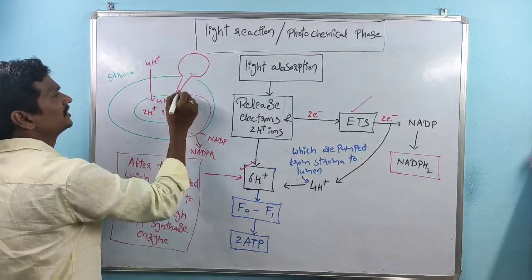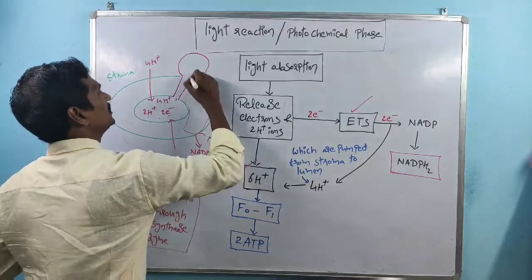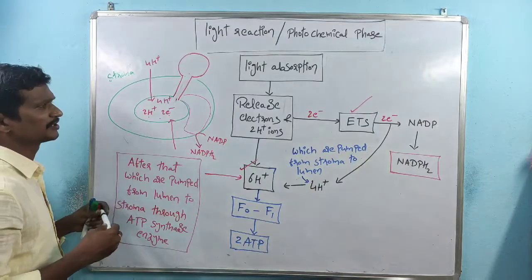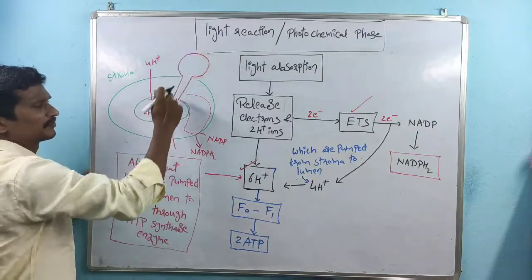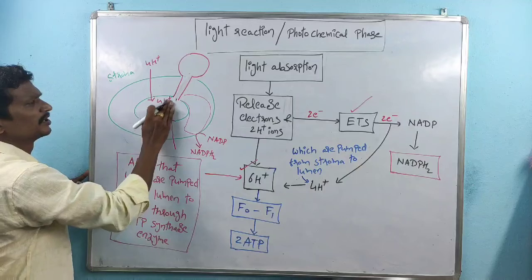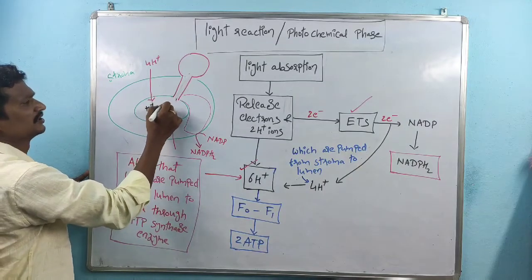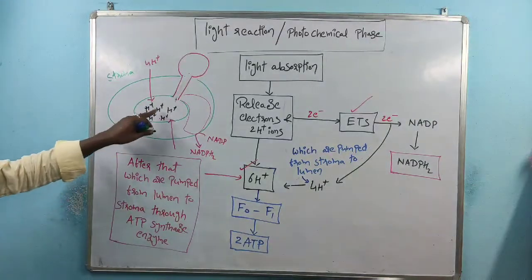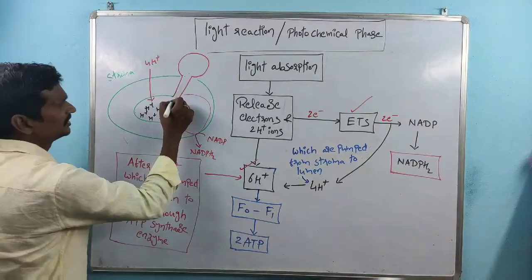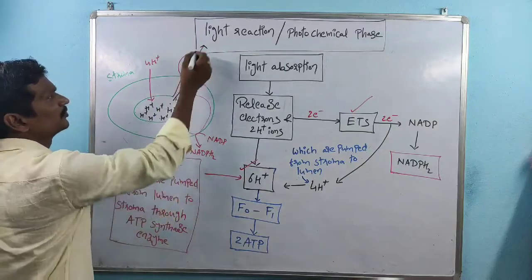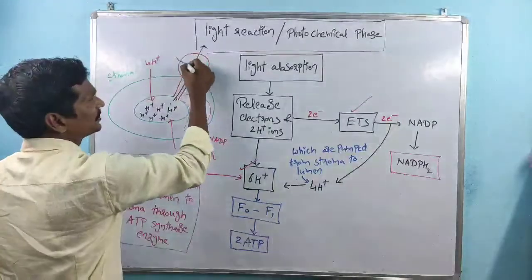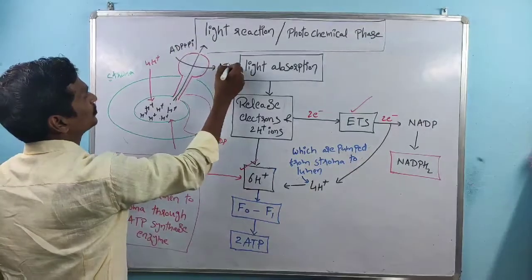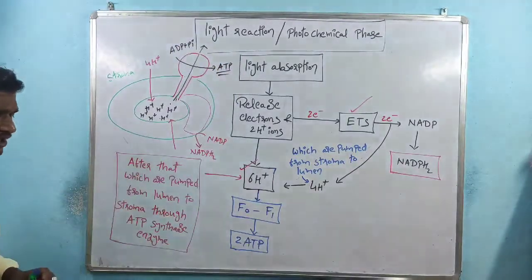The ATP synthase enzyme is involved in pumping H plus ions from lumen to the stroma, because more H plus ion concentration is present inside the lumen. For balancing, these H plus ions are transported from lumen to stroma only through ATP synthase. That energy is utilized, and ADP plus Pi is converted into ATP.